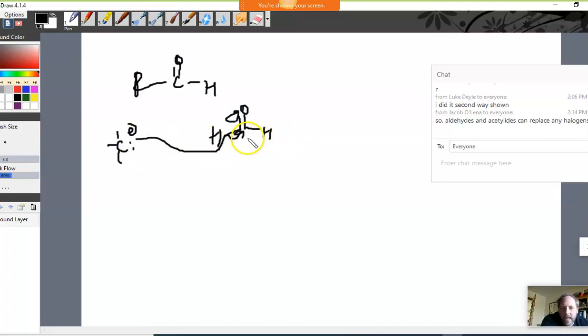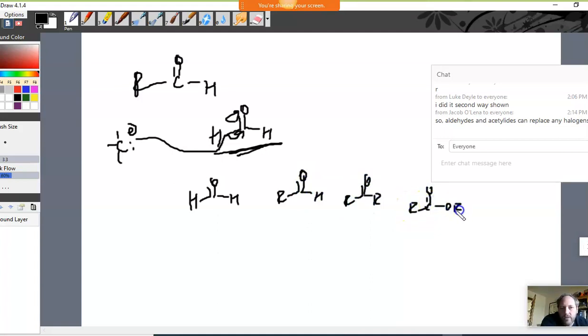It's basically a way to do a Grignard and add a single carbon. So this is just a Grignard reaction. Does that make sense? So you can either add formaldehyde, or you can add an aldehyde, or a ketone, or an ester. These are all the things that we talked about that you can add onto a Grignard.